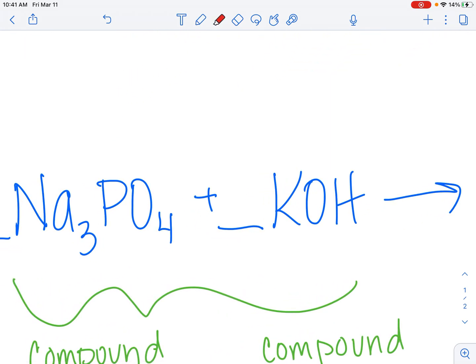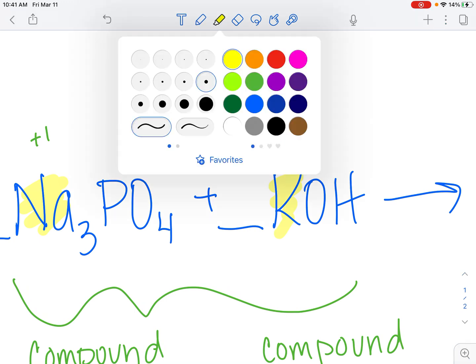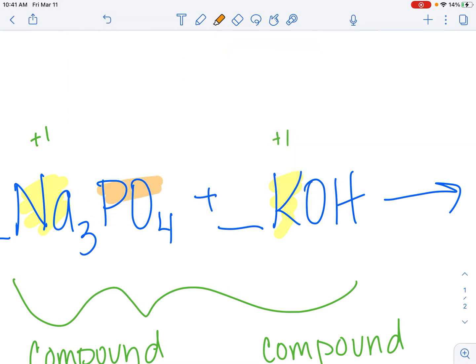As a reminder, my metals, which are listed first, so sodium and potassium, when I look those up on the periodic table, sodium has a +1 charge, and so does potassium. All right, then I notice I don't have nonmetals, but I do have polyatomic ions. I've got phosphate and hydroxide.